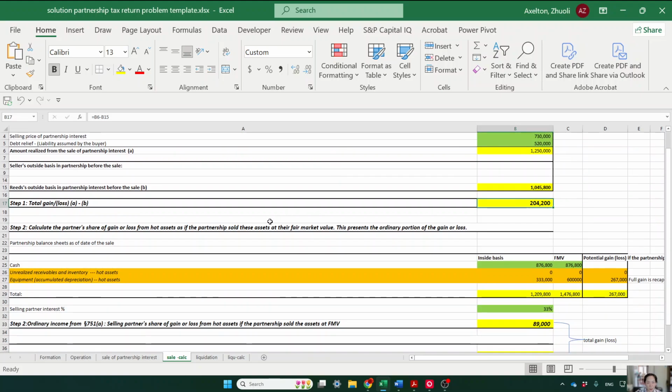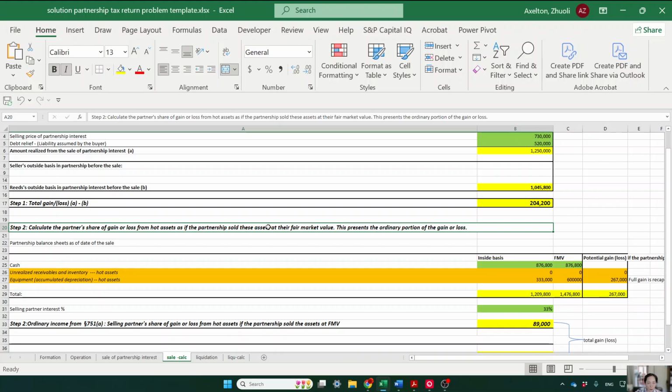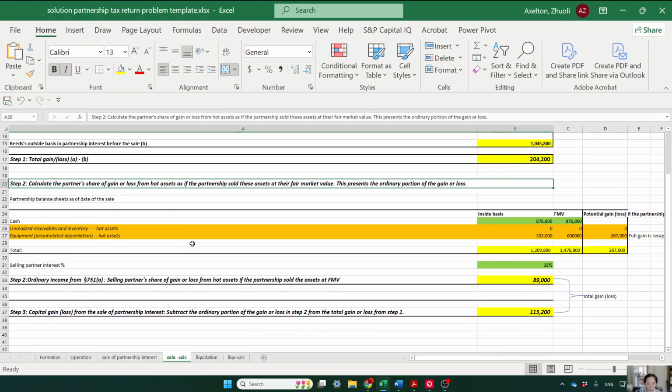The second part of the calculation is really to capture the partner's share of a gain or loss from the hot assets. And I think there's a lot of discussion about what the hot assets are in this partnership chapter. In this case, the reason we have to capture the hot assets is because we need to potentially recharacterize a portion of the gain to ordinary income. That's the purpose of this calculation here.